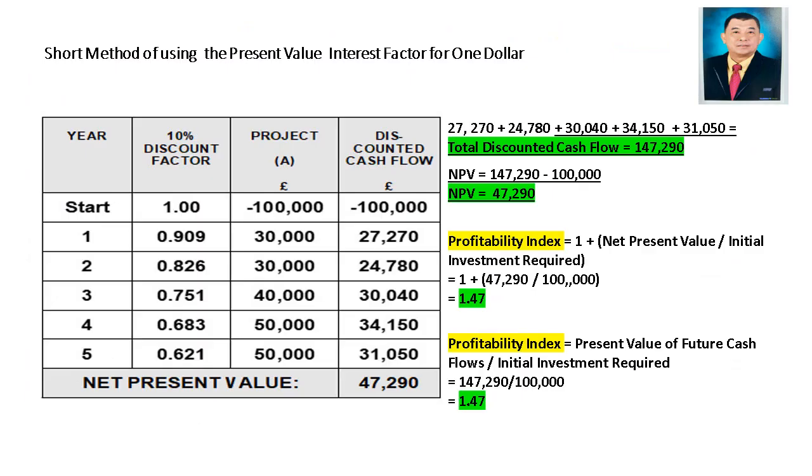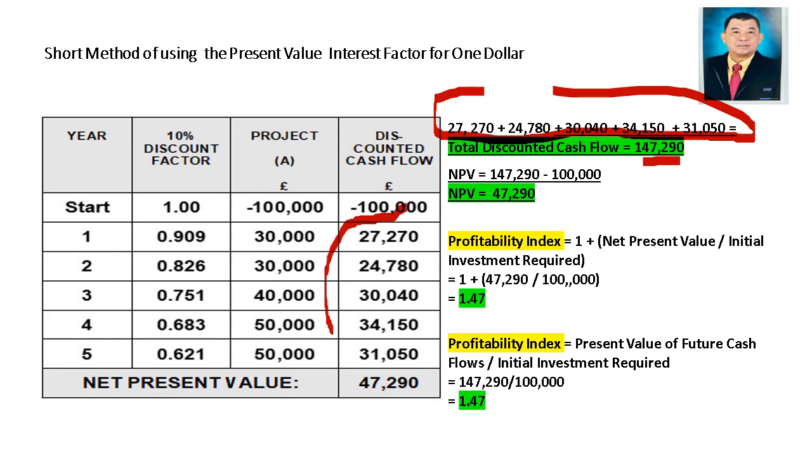Now, to compute for the net present value, you have a total discounted cash flow of 147 because all of this one you add. So it gives you 147,290 minus the initial investment gives you a net present value of 47,290.